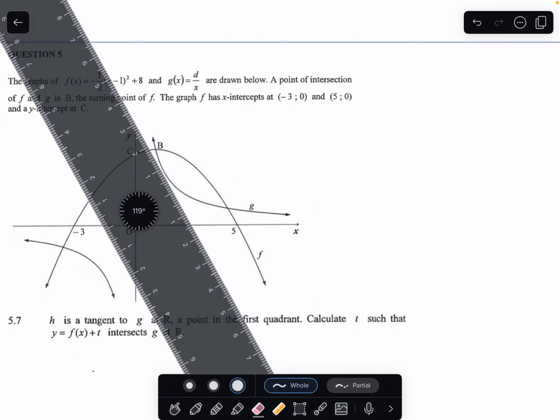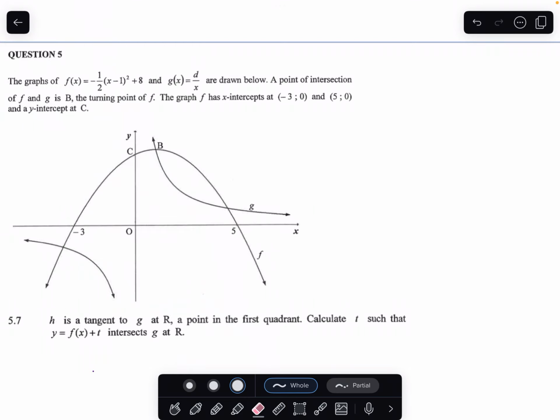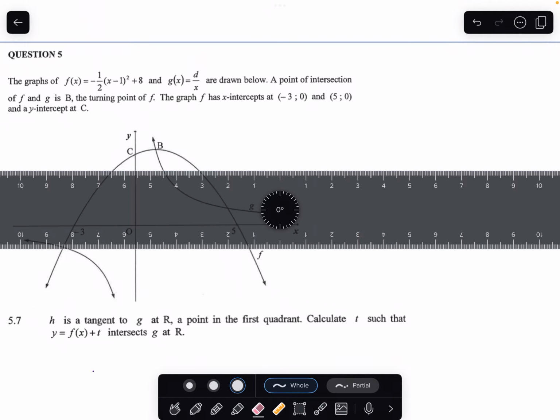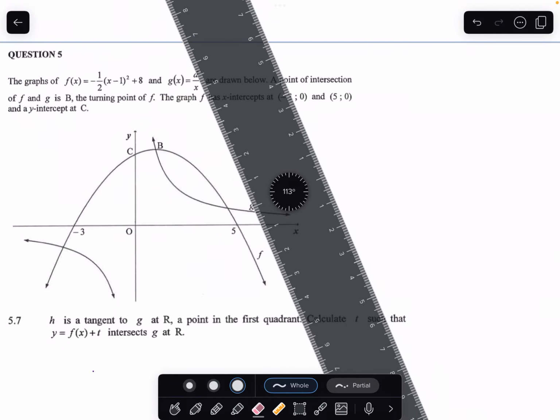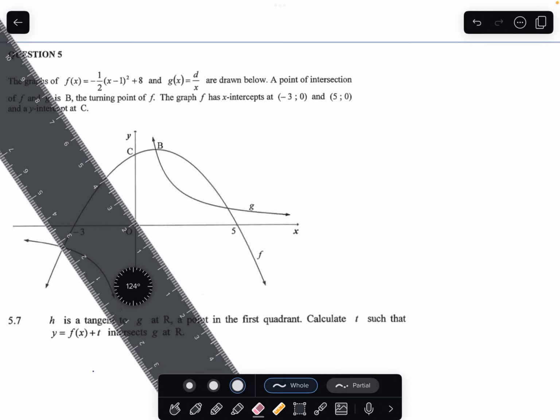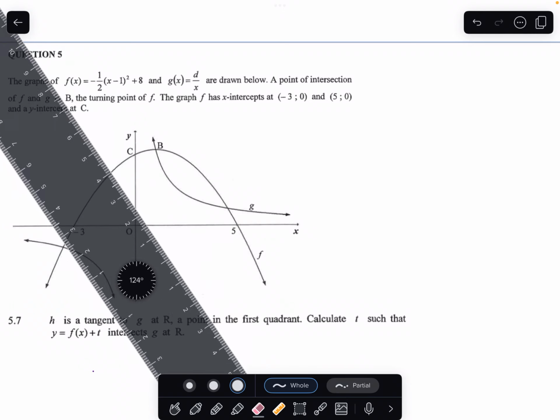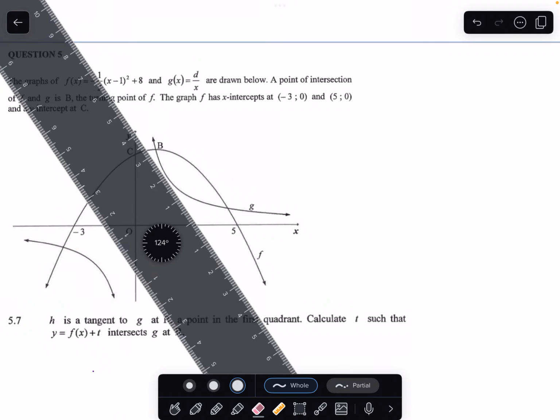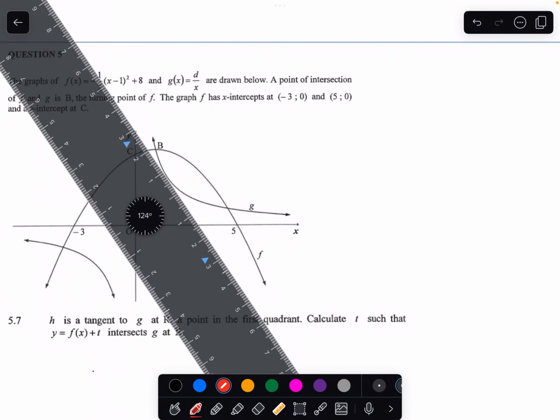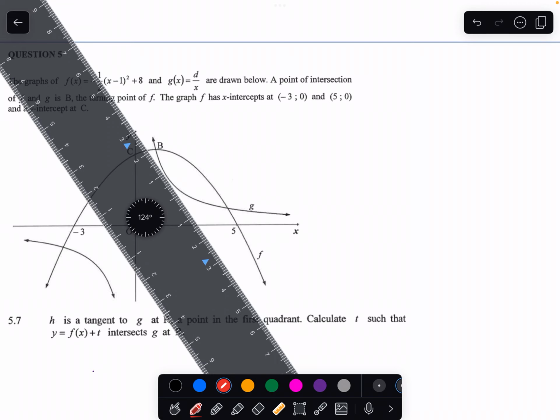So this is the one we're looking at. Maybe I want to draw it. Right, so this is the tangent we are contemplating.